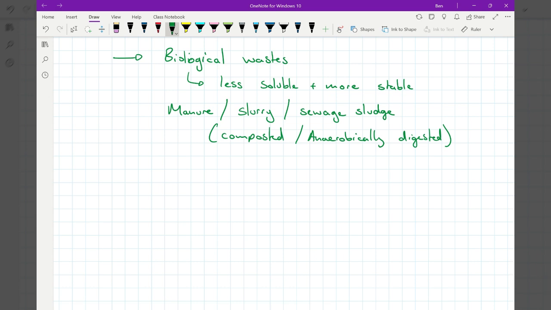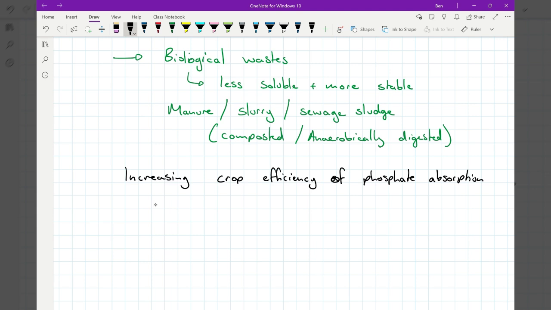Alternatives include things like making crops better at accessing stuff within the soil, so increasing crop efficiency of phosphate absorption.